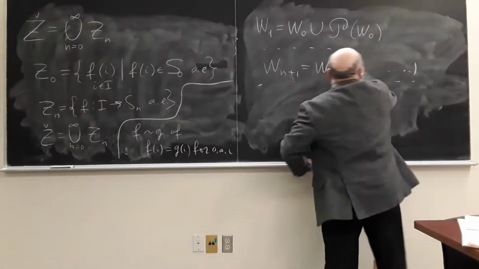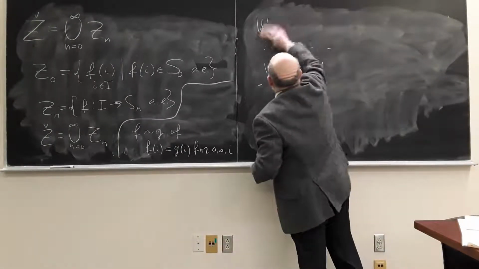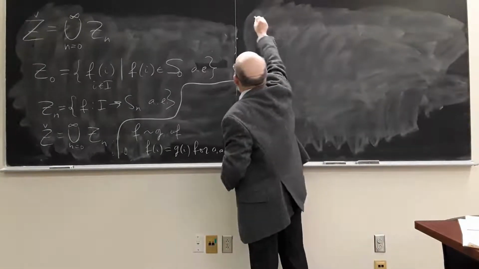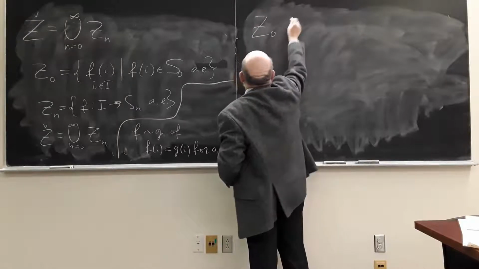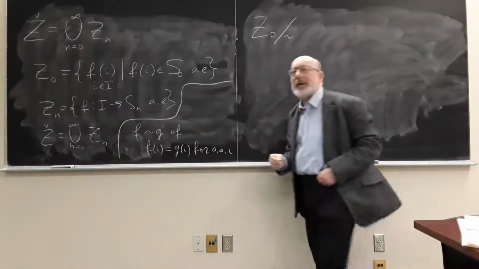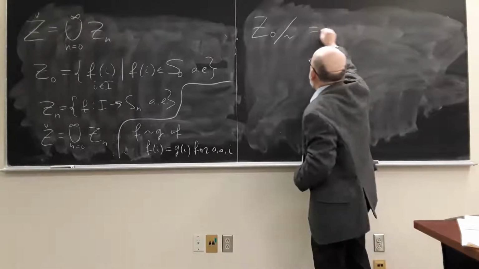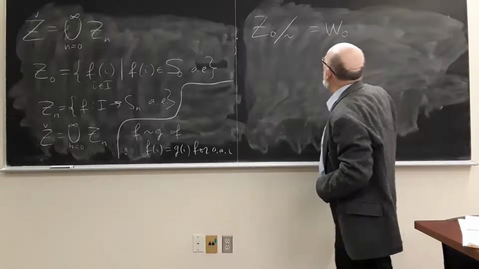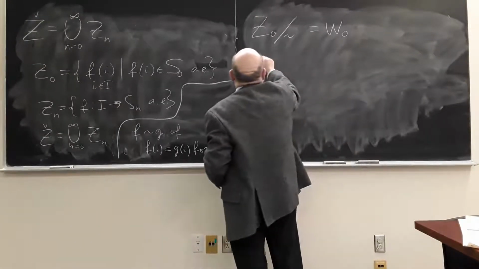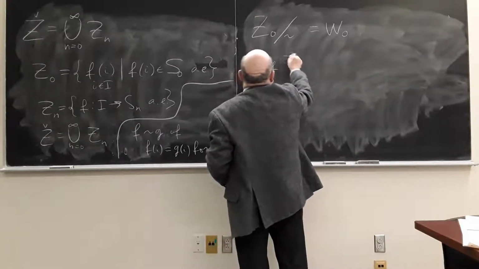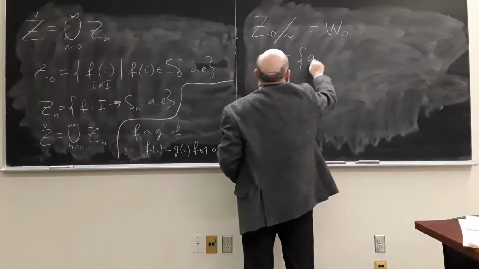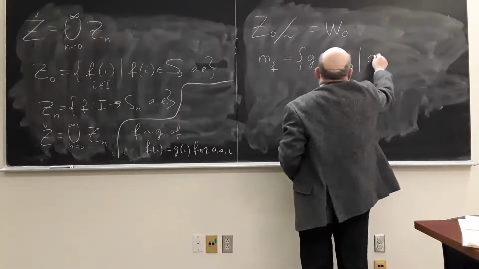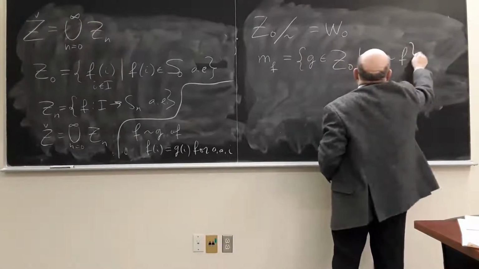Now Z0 factored over this equivalence relation is called W0. The elements of W0, let me write M_f equals the set of all g in Z0 such that g is equivalent to f.